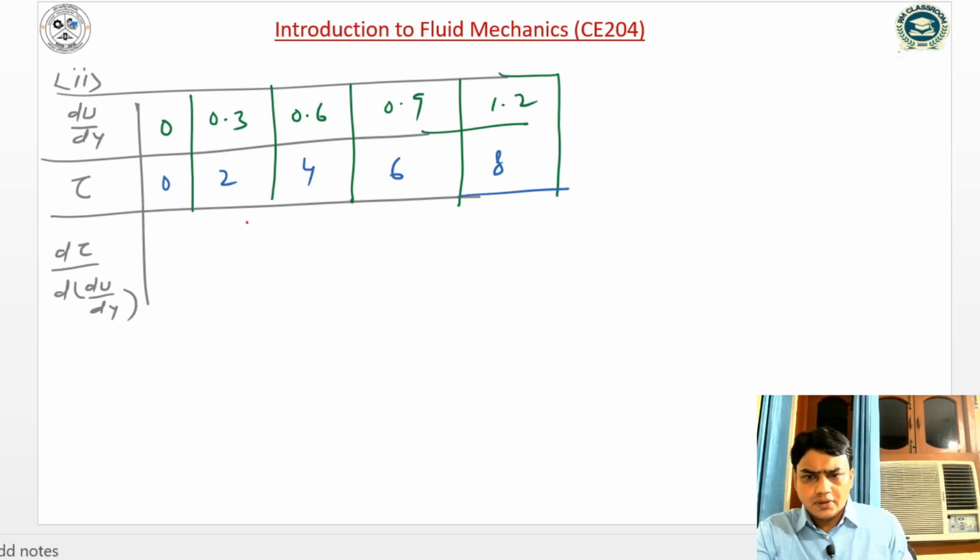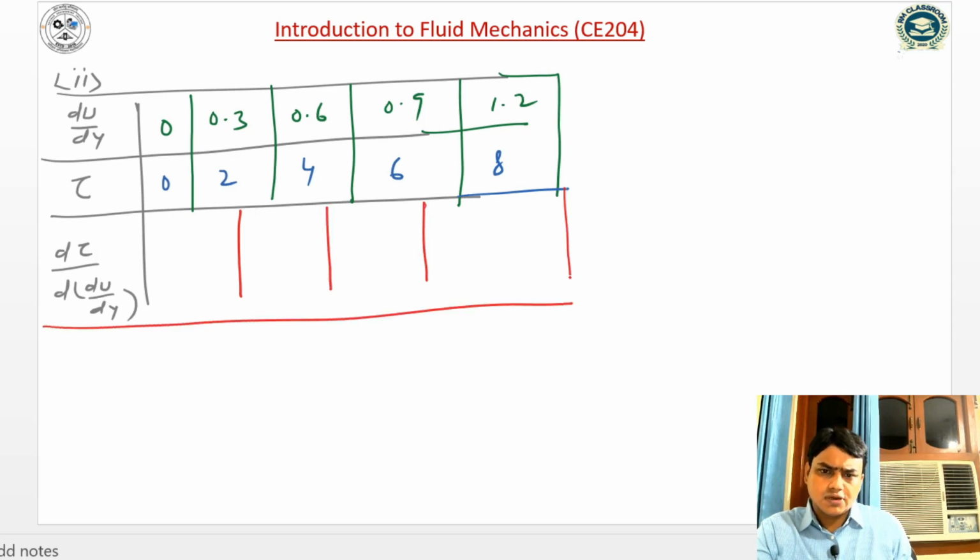If I compute the value of d tau by dy, this value will be 2 minus 0 divided by 0.3 minus 0. So it will be 2 by 0.3, which is 6.67.